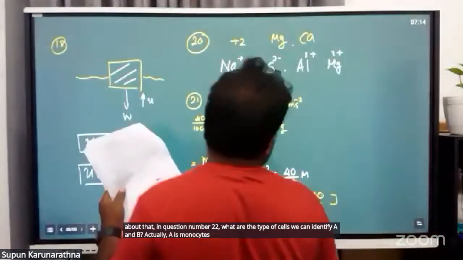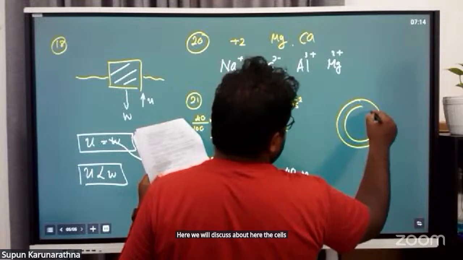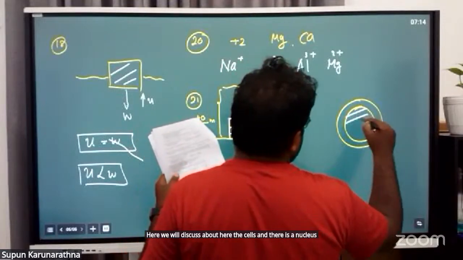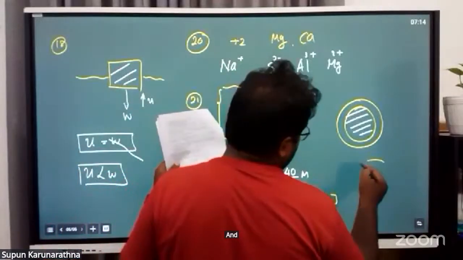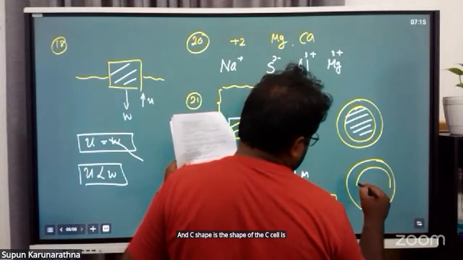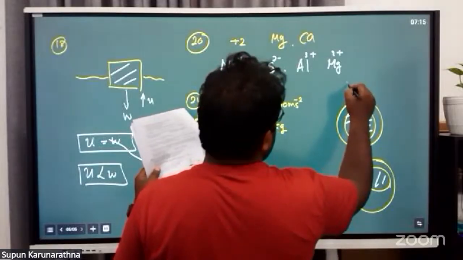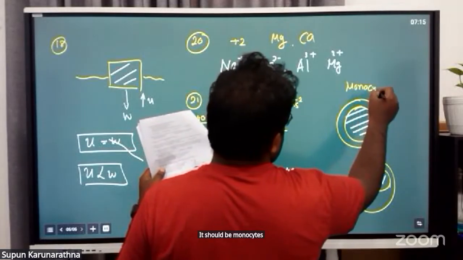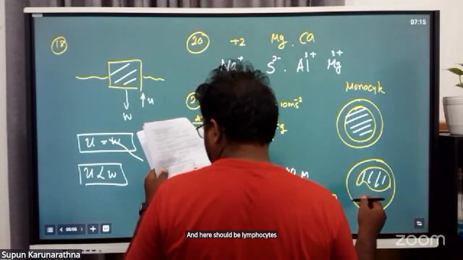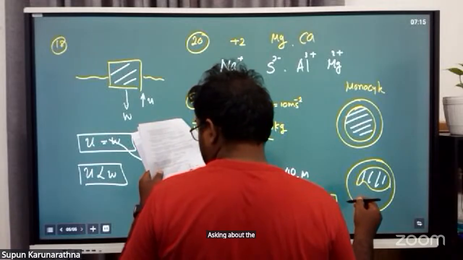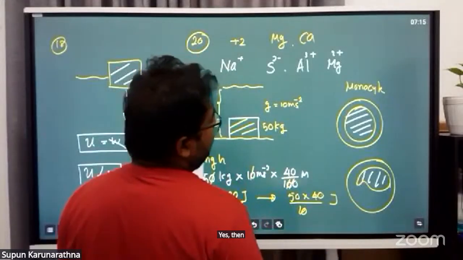There is a nucleus like in a monocyte, and the shape is a bit like a C. It should be monocytes, and here lymphocytes. All of these are types of WBC.